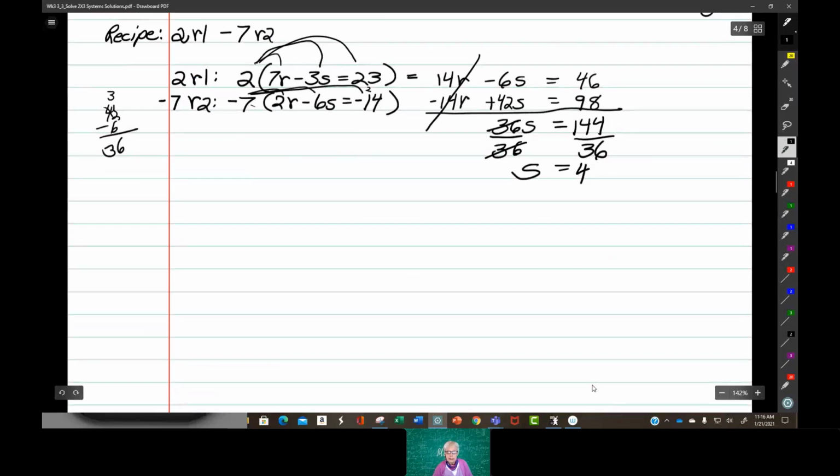For no particular reason, except I've chosen to do things the harder way. So, if I use 7R minus 3S, and I'm thinking S is 4, equals positive 23, 7R minus 12 equals 23.